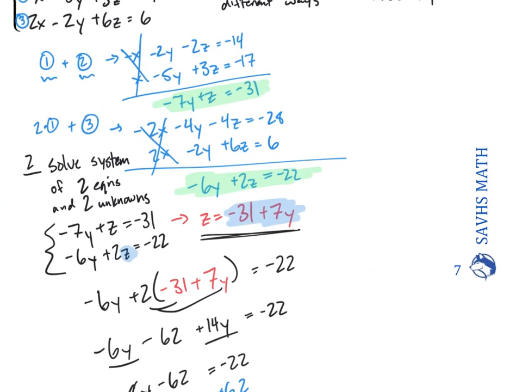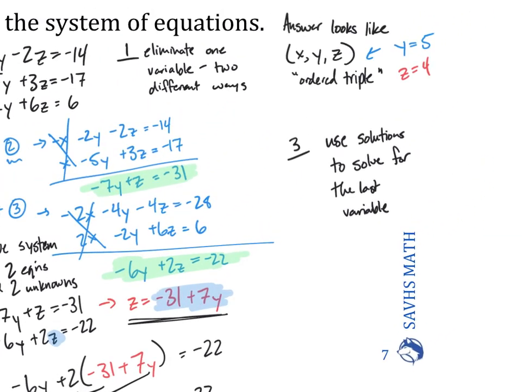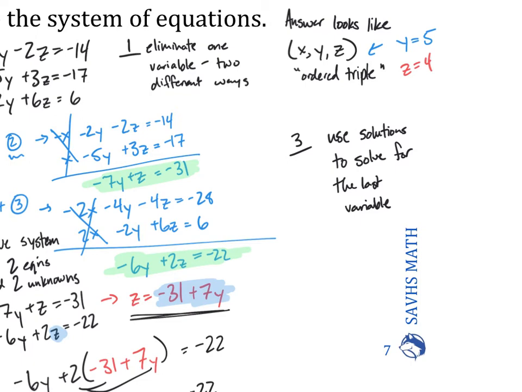Step 3 of this whole process is to take the two pieces of information that I just got and use those to solve for the last variable. Now, it shouldn't really matter which equation you use to put y is 5 and z is 4 in.